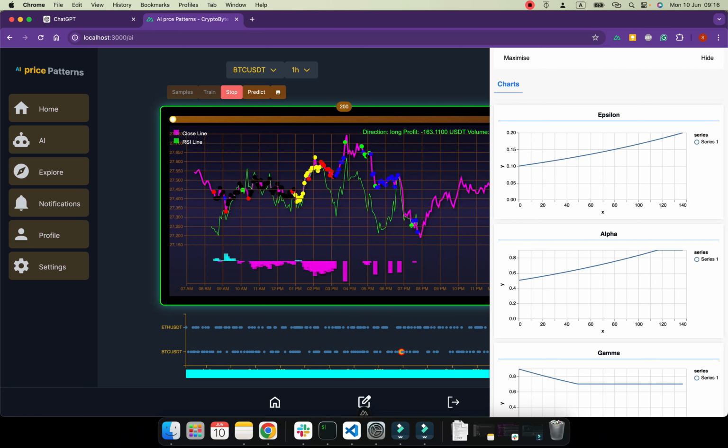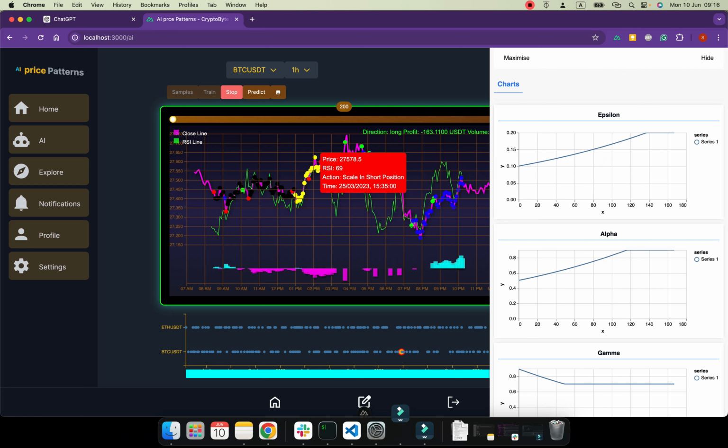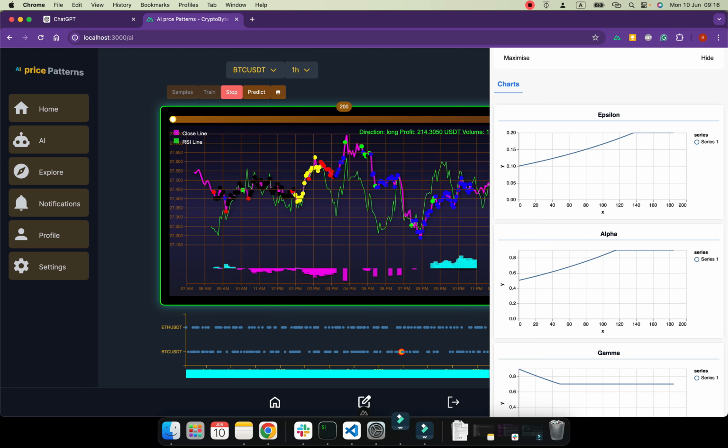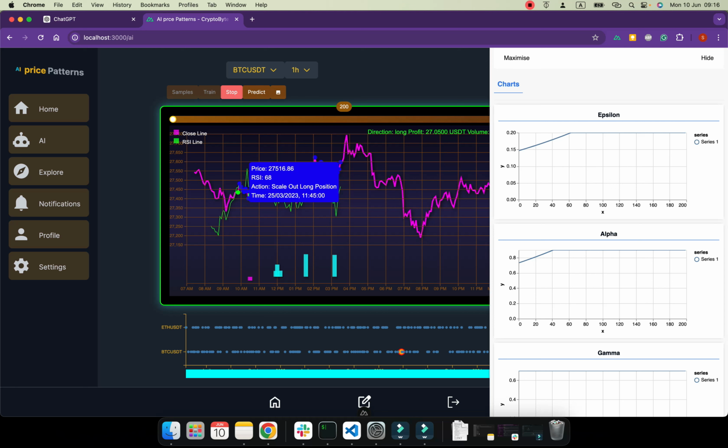Sometimes, yeah, it tries to take some profit. It is scale in short position, which means the agent is trying to increase short position. Yeah, I think it makes sense. Yeah, let's wait. Okay, what is scale out long position?